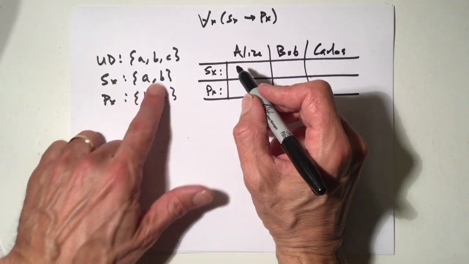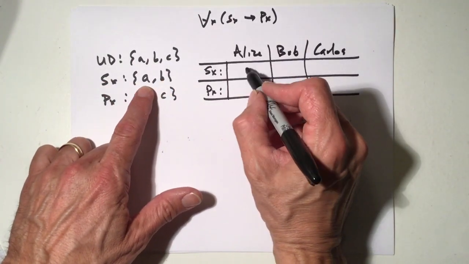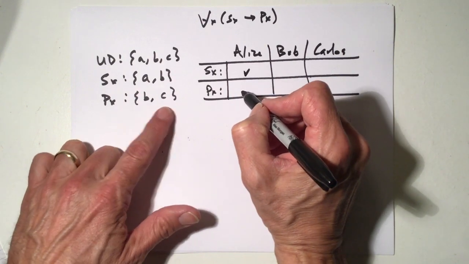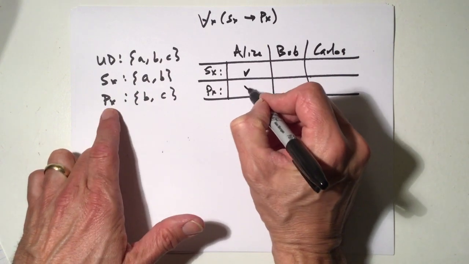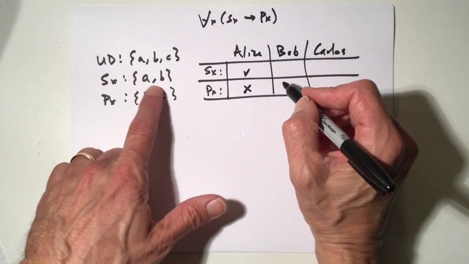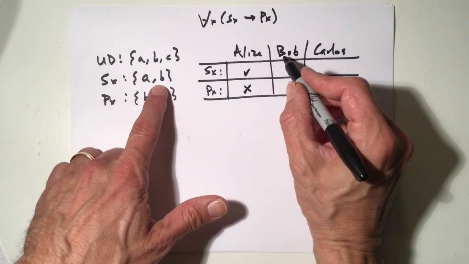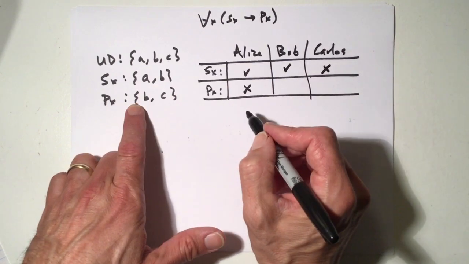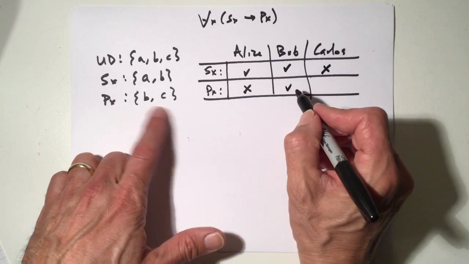These extensions here show me that Alice is a scientist, but she's not in the extension of Px, so she's not a philosopher. Because remember, this list here, beside the Sx, is just a list of all the people who are scientists. So Bob is a scientist. Carlos is not in the list of people who are scientists. Bob is in the list of people who are philosophers.